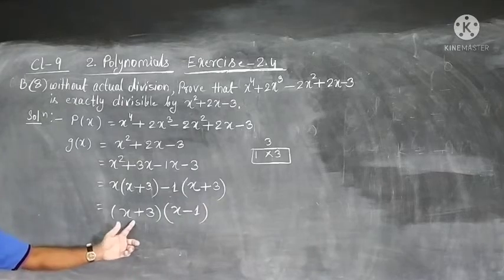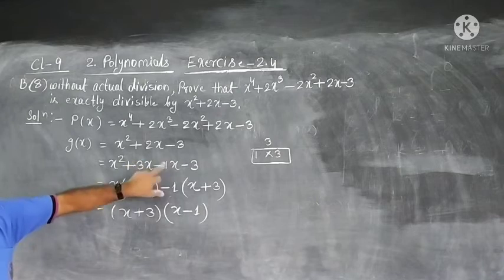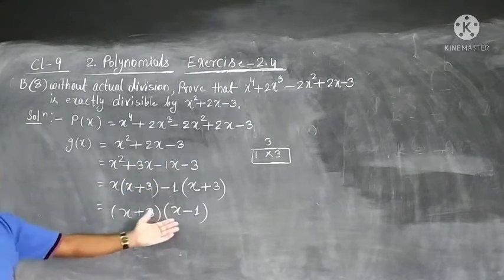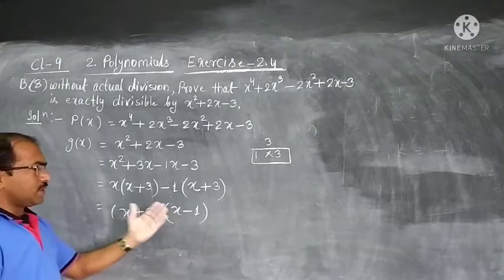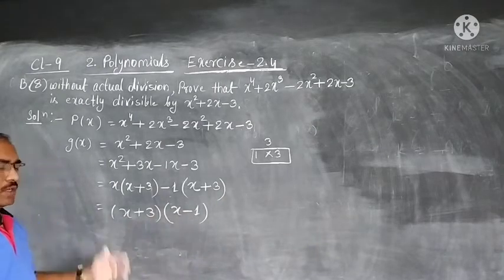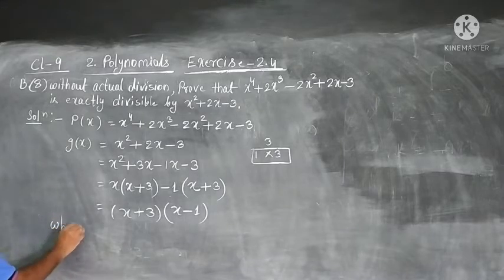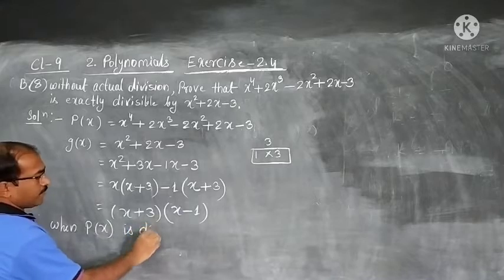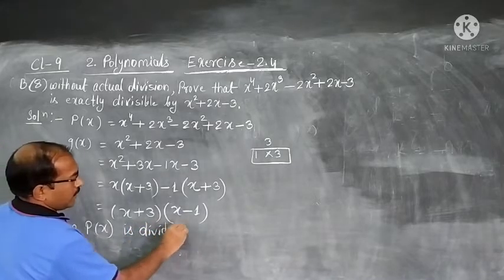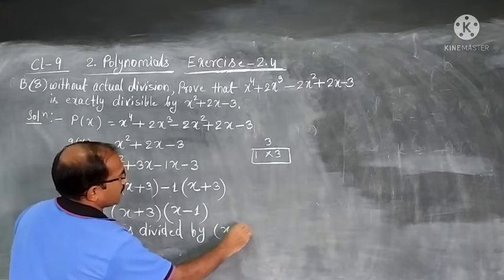It does not matter whether it is x + 3 into x − 1 or x − 1 into x + 3. So, first we divide p(x) by the first factor, that is x + 3.